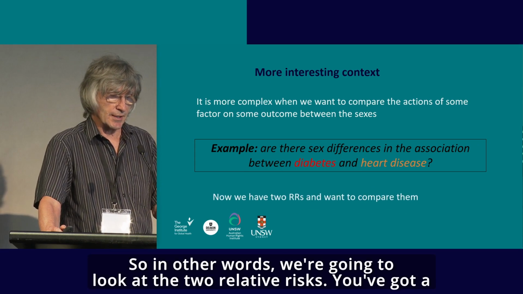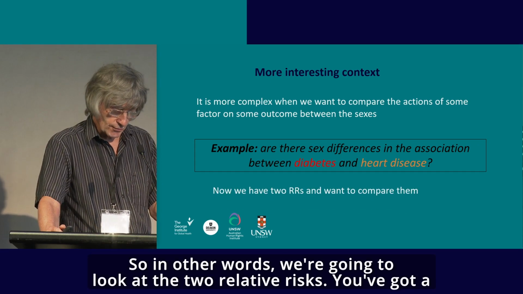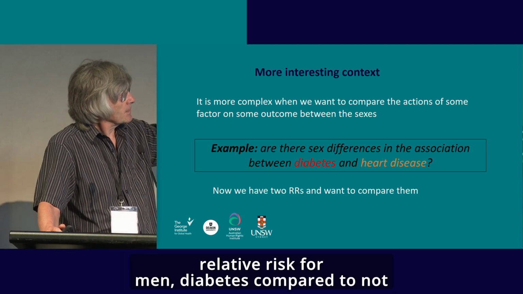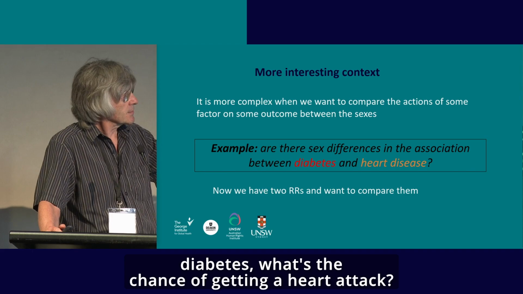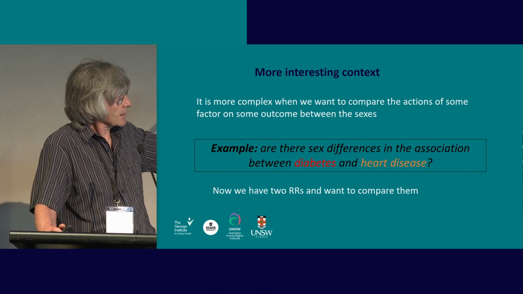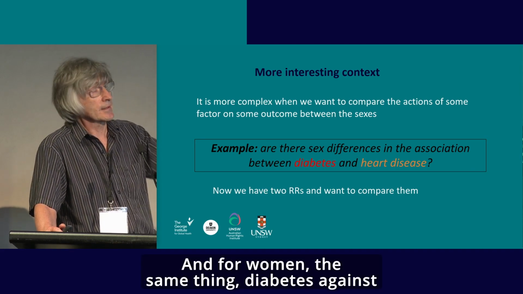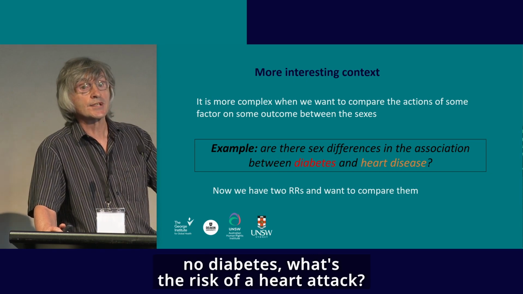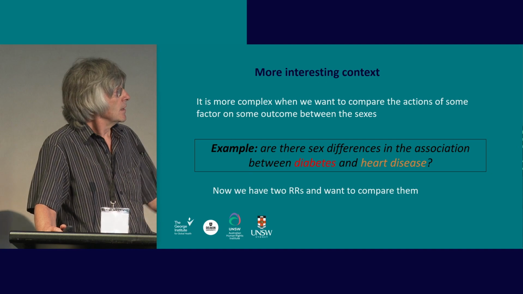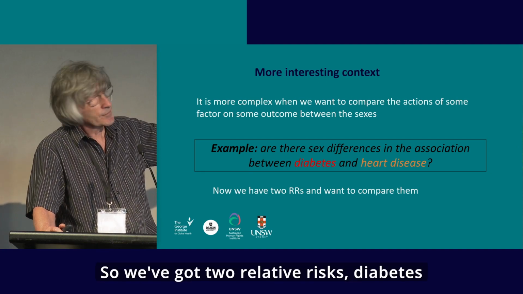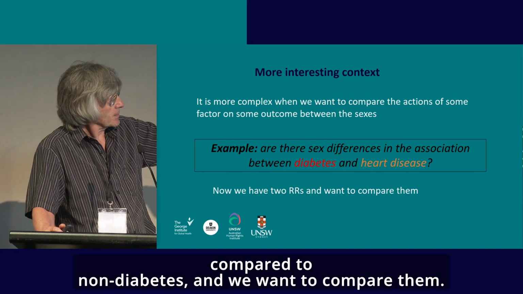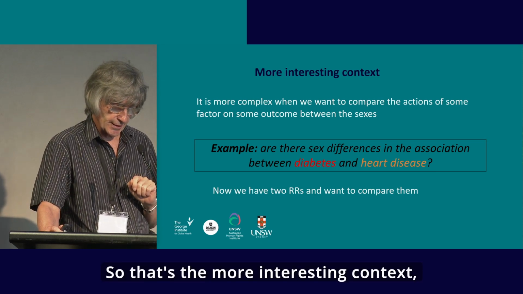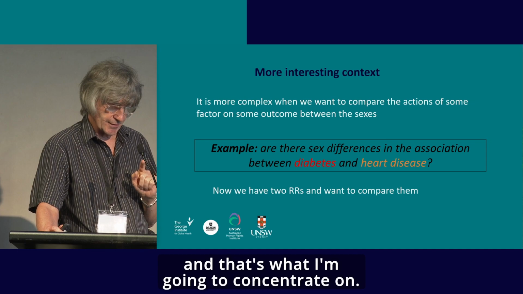In other words, we're going to look at two relative risks. You've got a relative risk for men, diabetes compared to not diabetes, what's the chance of getting a heart attack? And for women, the same thing, diabetes against no diabetes, what's the risk of a heart attack? So we've got two relative risks, diabetes compared to non-diabetes, and we want to compare them. So that's the more interesting context, and that's what I'm going to concentrate on.